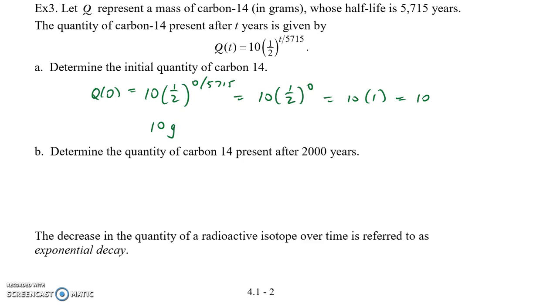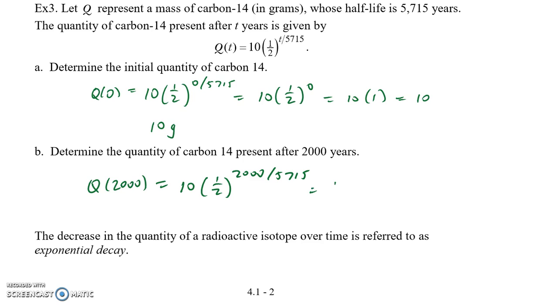B says determine the quantity of carbon-14 present after 2,000 years. Well, in this case, that would be Q of 2,000, and that would be given by 10 times 1/2 to the 2,000 over 5715.